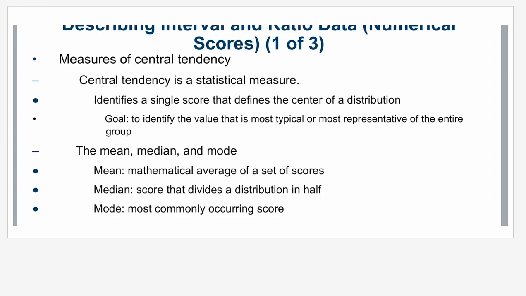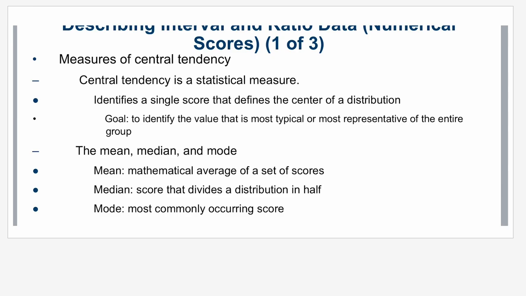That makes your average higher or lower than it really should be. And so if you were to report that mean, it would look like the average score for the group is a lot higher than it truly is.